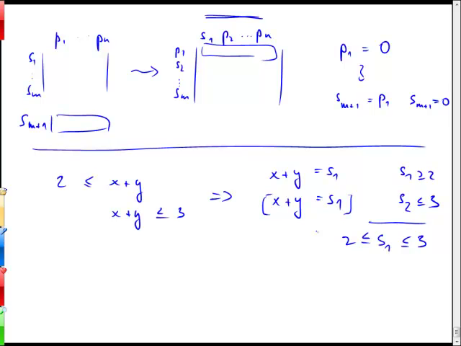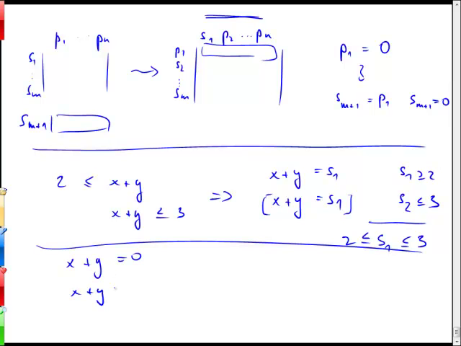I could, if it helps, even if I have, let's say, x plus y equals 0, and x plus y plus z is larger or equal to. Once I encode it here, x plus y equals S1, I can also use S1 here.